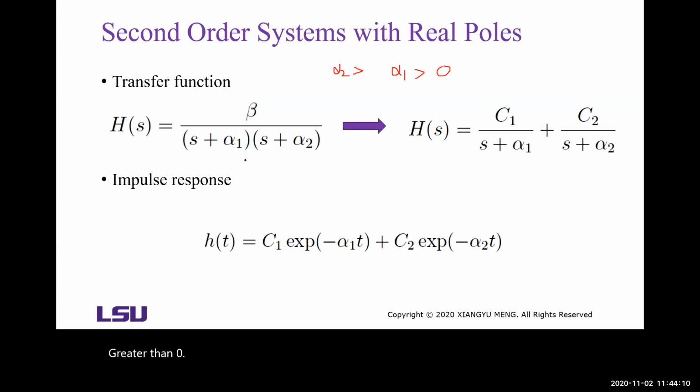Therefore, we know the system is stable. If alpha 1 or alpha 2 is less than 0, then we know the system is unstable, so it's meaningless to study the dynamic response.